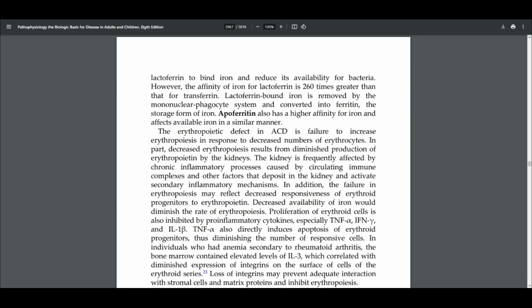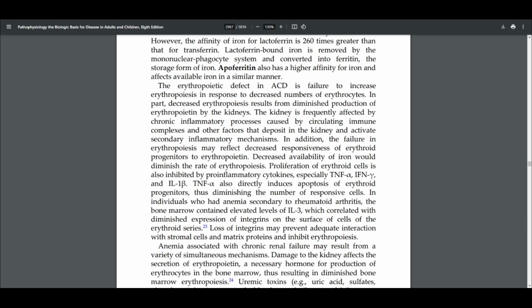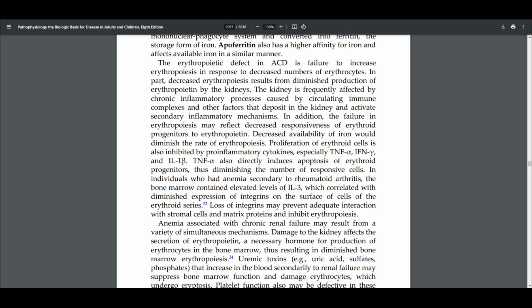The erythropoietic defect in ACD is failure to increase erythropoiesis in response to decreased number of erythrocytes. In part, decreased erythropoiesis results from diminished production of erythropoietin by the kidneys.